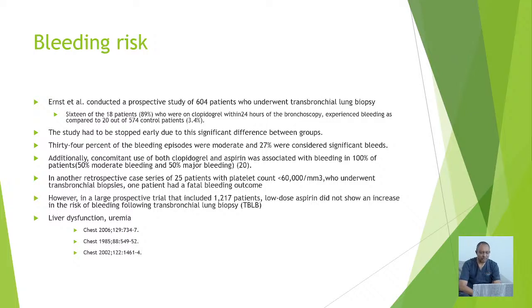Other conditions to be wary about include liver dysfunction, because this may affect your INR, as well as uremia, because this affects the platelet function. So as we assess our patients, we have to look at all these things. What drugs are the patients on? Do they have a normal liver function? Do they have renal dysfunction? All these things are important so that you can select those patients who are at an acceptable risk profile.